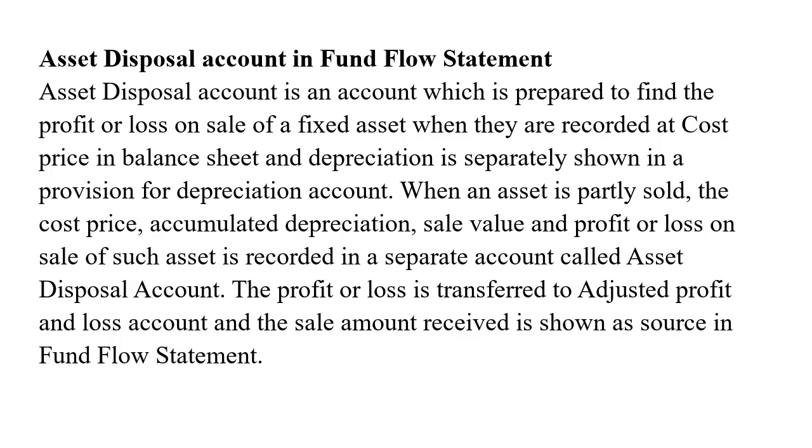When an asset is partly sold, the cost price, accumulated depreciation, sale value and profit and loss on sale of such asset is recorded in a separate account called asset disposal account. The profit or loss is transferred to adjusted profit and loss account and the sale amount received is shown as source in fund flow statement.